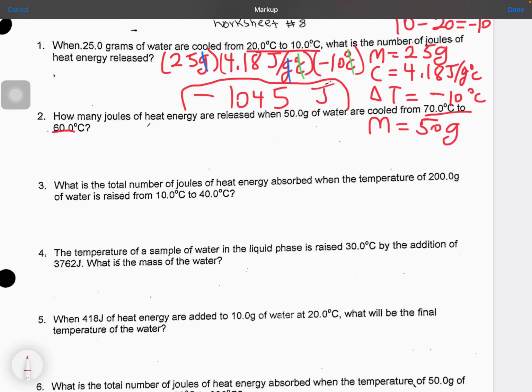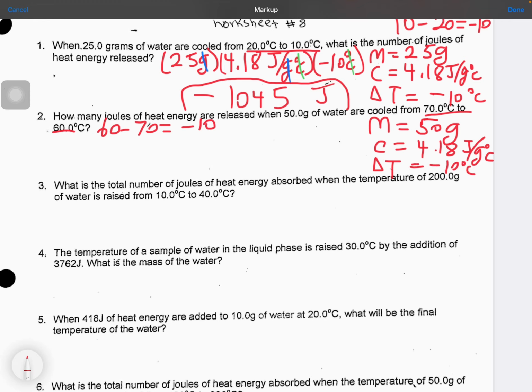Our C is the same as always, 4.18 joules per gram degree Celsius. And our delta T is going to be 60 minus 70, which is negative 10.